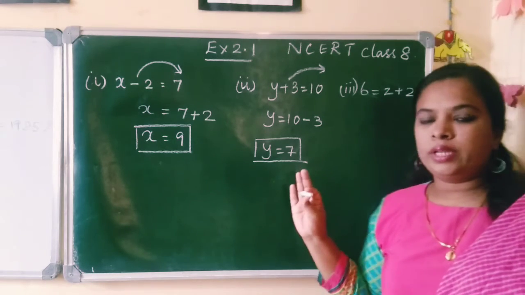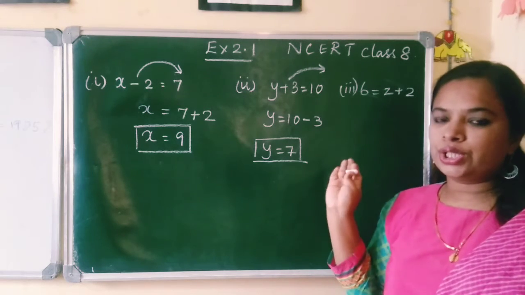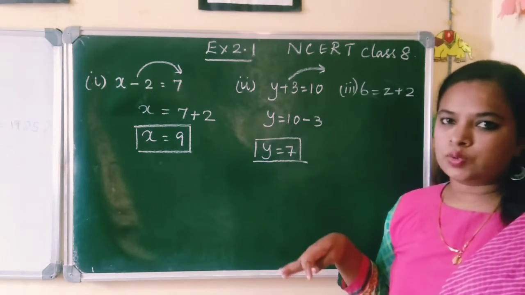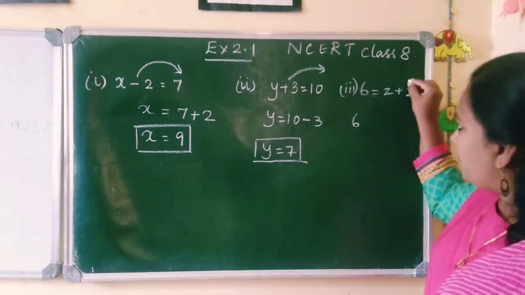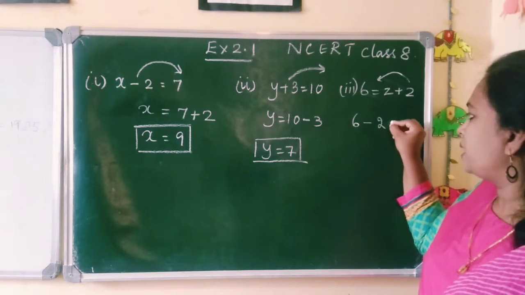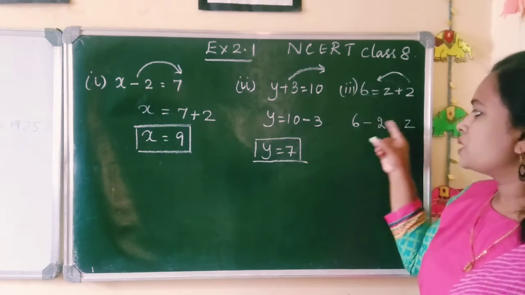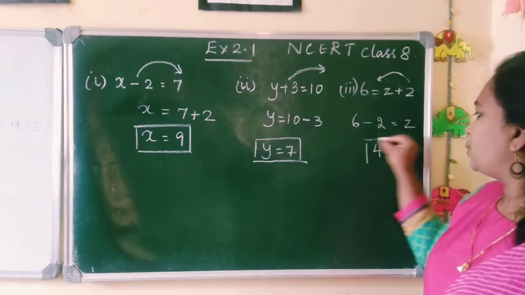So wherever the variable is there, we will just leave it as it is, and then we are going to shift the constants to the other side. So now when you see 6, you write it as it is, plus 2 you are going to shift to the other side. So here it will be 6 minus 2 is equal to z. So 6 minus 2 is 4. So z is equal to 4.